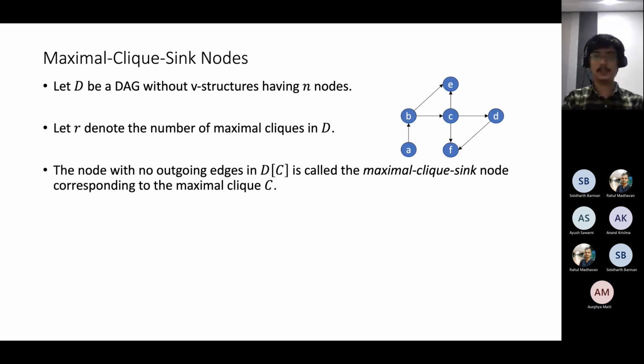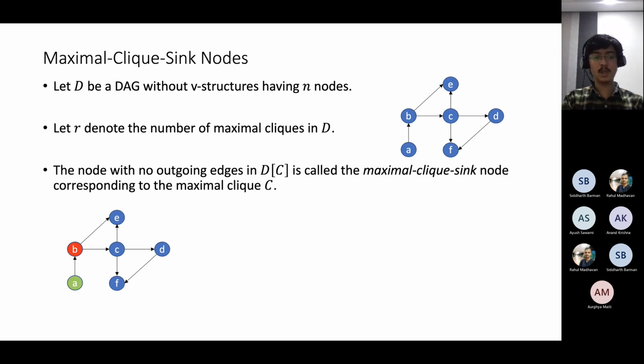Consider the DAG shown here. It has maximal cliques AB, BCE, and CDF. In the maximal clique AB, if we consider just the induced subgraph restricted to the set of nodes A, B, the node with no outgoing edges is B. Therefore, B is the maximal clique sink node corresponding to AB.